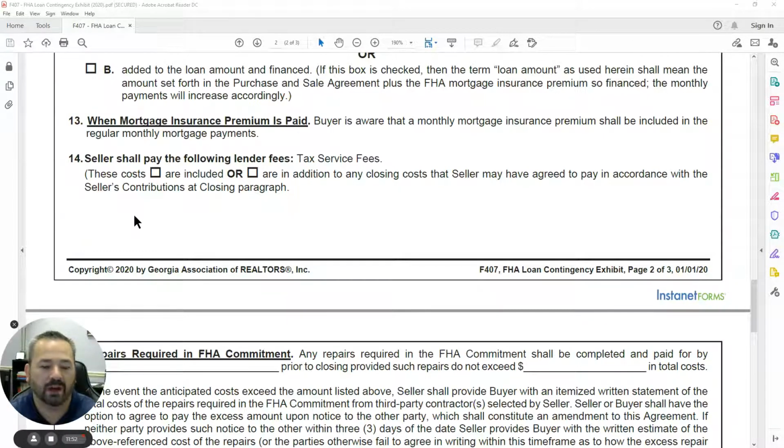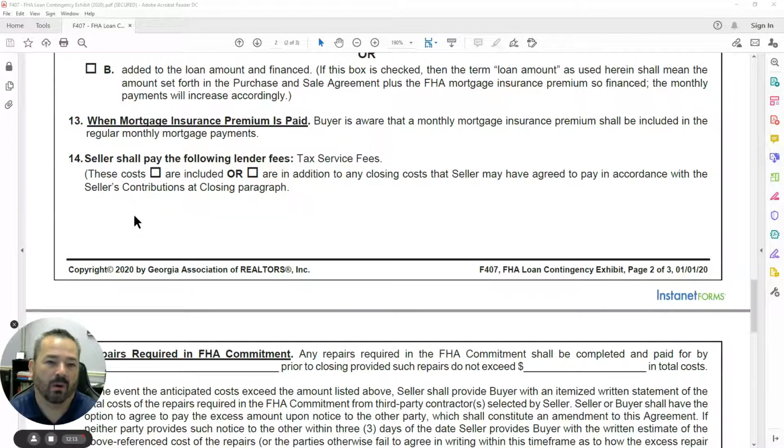These are roughly $100, and what we're saying in here is that those costs are part of what the seller agreed on page 1 of the purchase and sale agreement to pay toward the buyer's closing cost, or they're in addition to the closing costs that the seller agreed to pay.